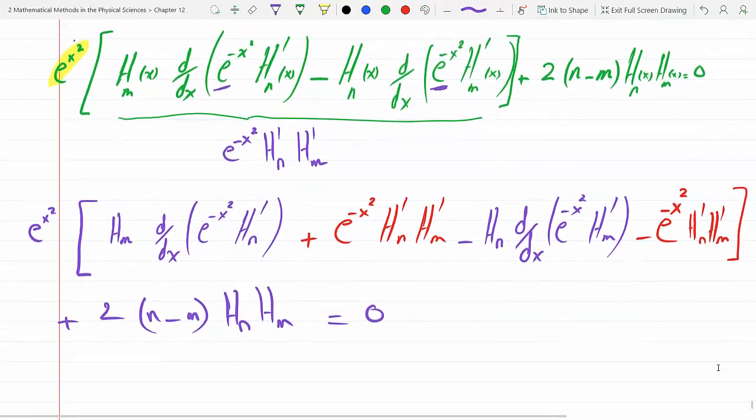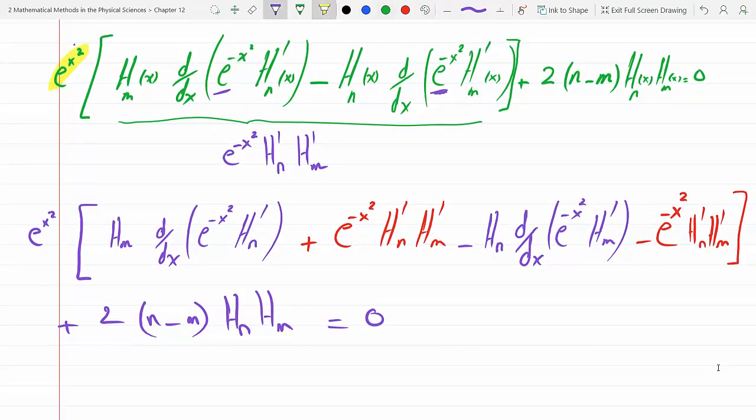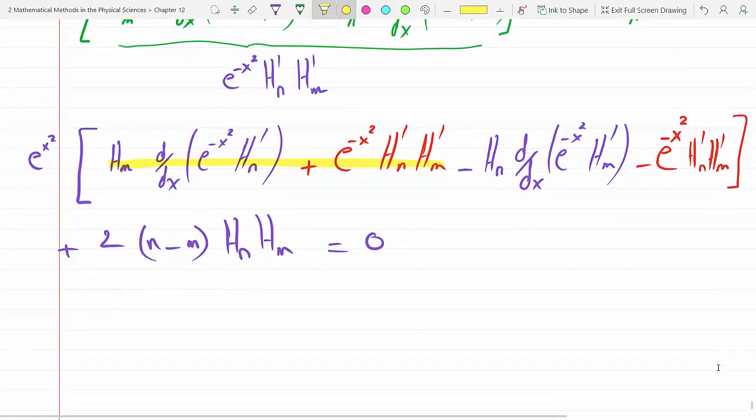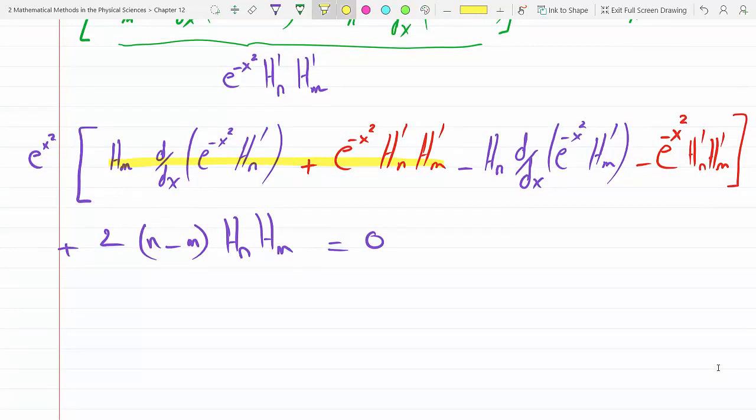Okay, so let me justify what I did. The reason I added and subtracted these two terms is because if you look now at these two highlighted terms, they're the product rule. Because if I were to differentiate, I could rewrite those couple of terms taking the product rule backwards. I could say this is the same thing as d over dx of e to the minus x squared times h_m h prime n.